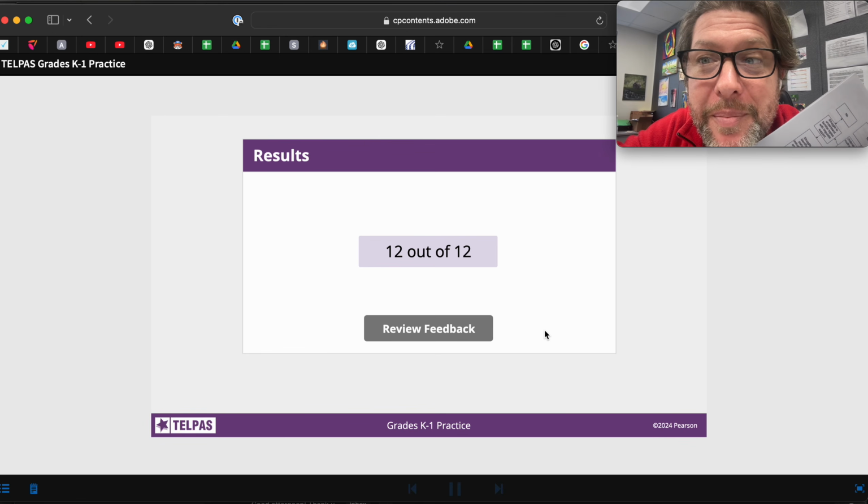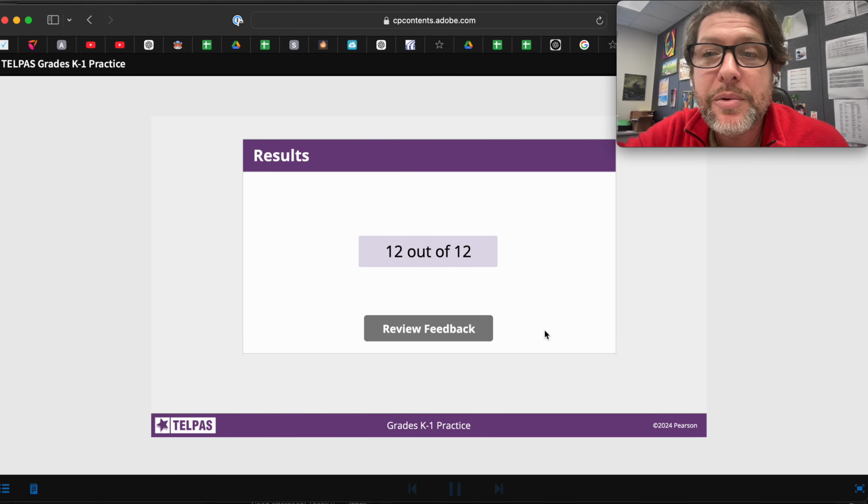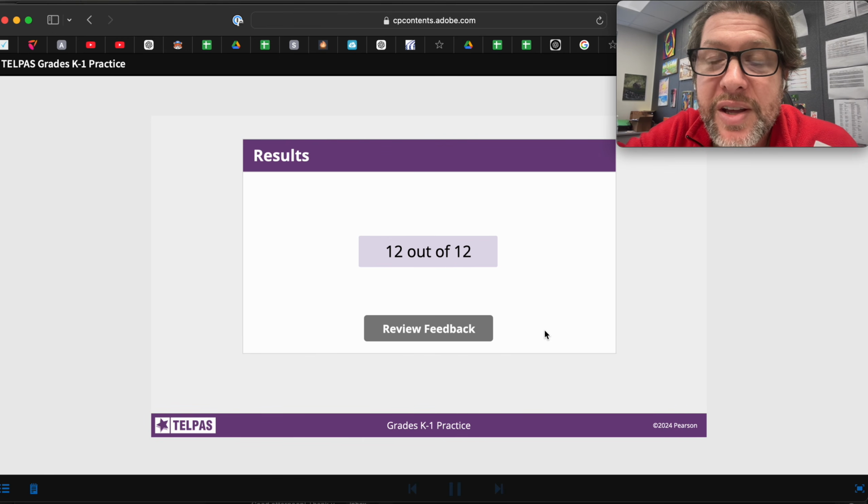Just remember, beginning is like significant need, cannot understand basic vocabulary. Level 2, intermediate, is like can get the gist of things, can communicate meaningfully, but it's very limited with no detail. Advanced is going to be able to decode grade level appropriate text, but needs second language acquisition support.